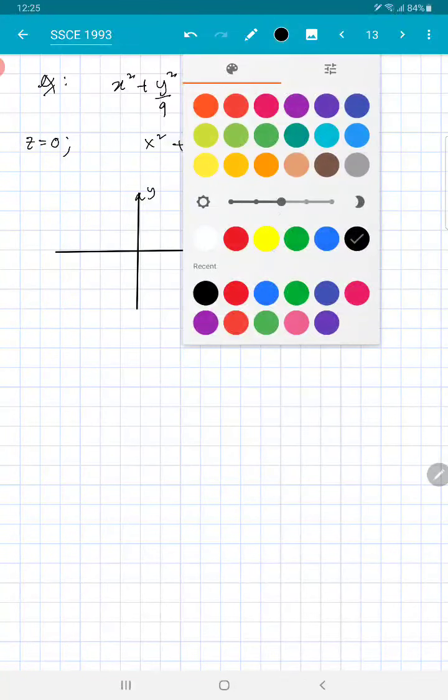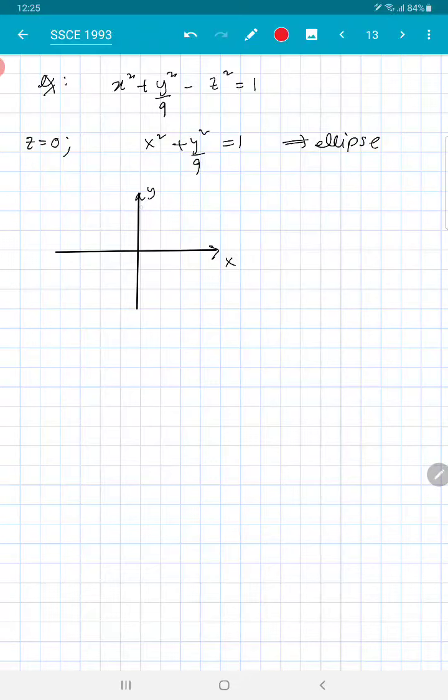Let's say this is 3, this is -3, and on the x-axis we have 1 and -1. When we sketch this, we get an ellipse.